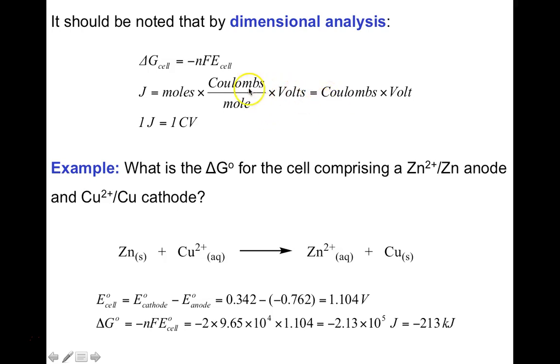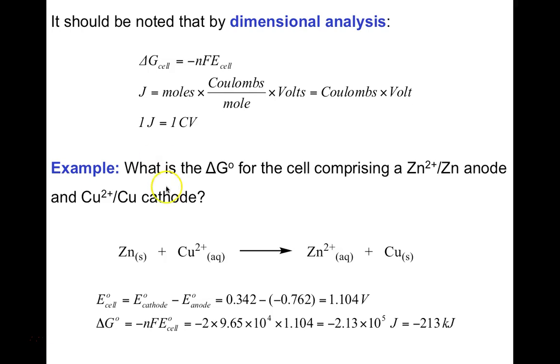So what we can see is when we cancel out moles, that a joule is exactly the same as a coulomb volt. So that's something worth noting. When you do dimensional analysis here, if you end up with units of coulomb volts, you can substitute that for joules if you so desire.